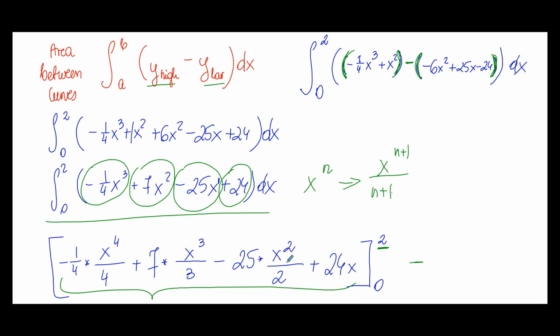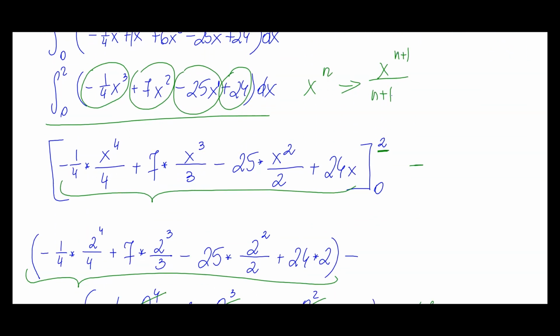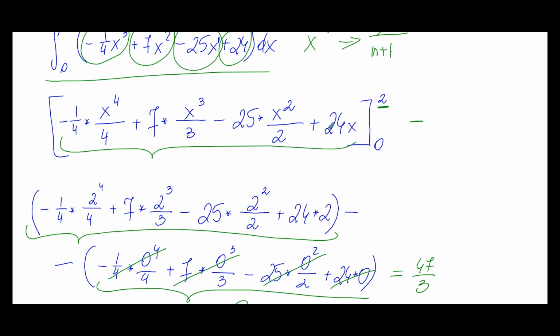We've done that here. And now that we've integrated, we are looking for a number. So we take this function, we replace each x with the higher interval, that's done here, minus, and again the same function replacing x with the lower interval. And then everything in the calculator, and we have our answer.